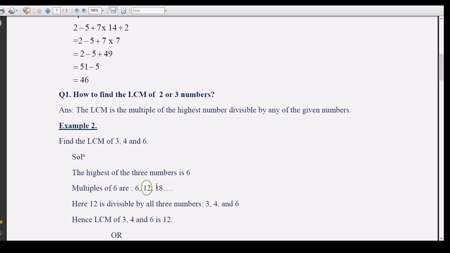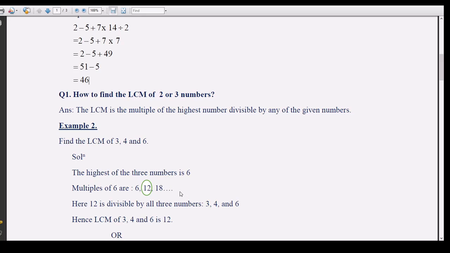Suppose you go to the next number also, the next multiple of 6 is 18. Can you divide 18 by 3? Yes. Can you divide 18 by 4? No. Then go to the next multiple, 6 4s are 24. 24 also can be divided by 3 and by 4.